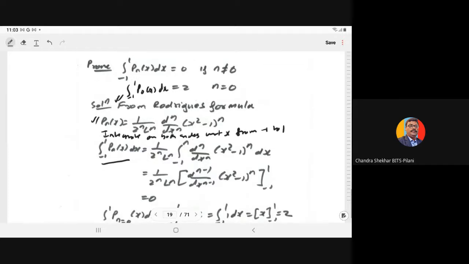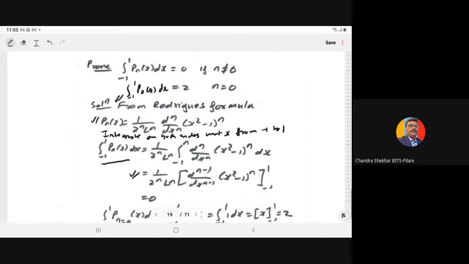Since we have the nth derivative and you are integrating one time, the (n minus 1)th derivative will remain. So it becomes 1 upon 2 to the power n factorial n, times the (n minus 1)th derivative with respect to x of (x square minus 1) to the power n. Then you have to put the limit -1 to 1.